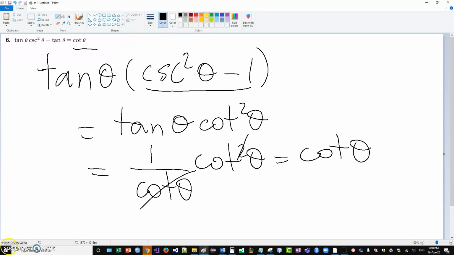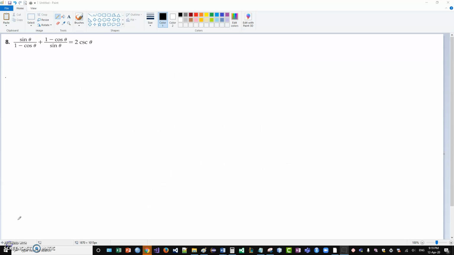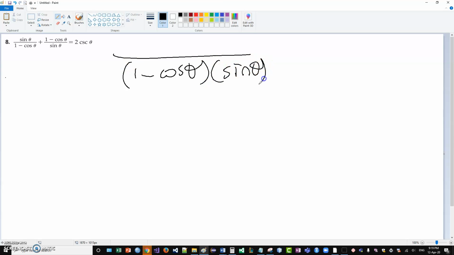Alright, pause at any time and go over this one more time. Now number 8. This is a little bit more challenging, even though it's not that hard. We have two fractions on the left side, so we're going to combine those two fractions. The common denominator is 1 minus cosine theta times sine theta.